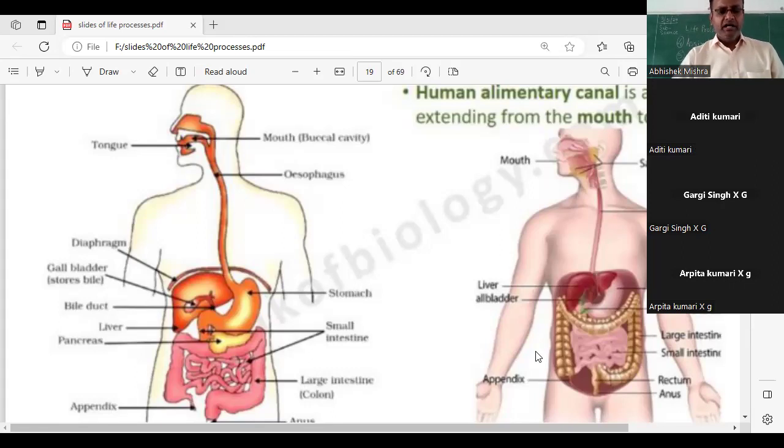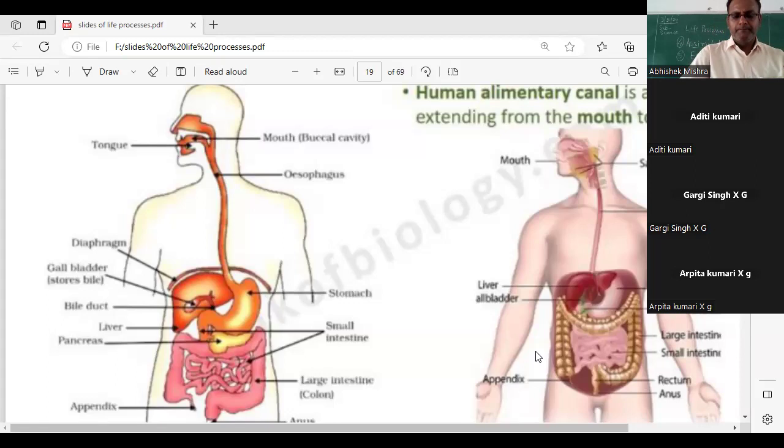Yes, sir. Aditi, what happens to the food which is coming into the small intestine from the liver? What is being added to the small intestine and what is their role? It is a secretion from the liver and pancreas. From the liver, the small intestine receives bile juice.